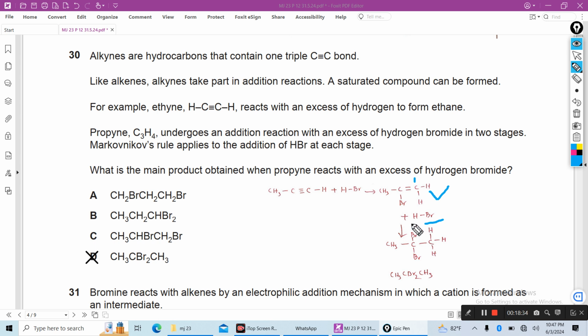So this hydrogen will be added to the right hand carbon. Now the right carbon contains 3 hydrogen and bromine will go to the middle carbon. So you can write it CH3CBr2CH3, I mean 2,2-dibromopropane. So D will be the correct answer.